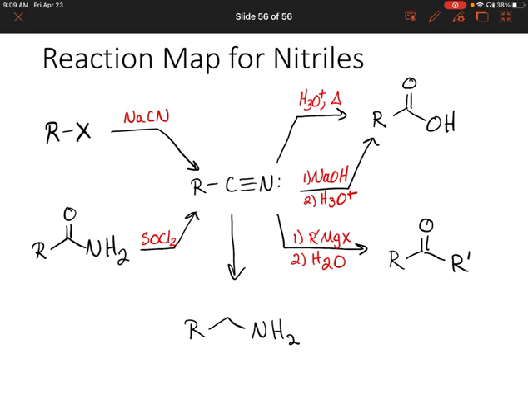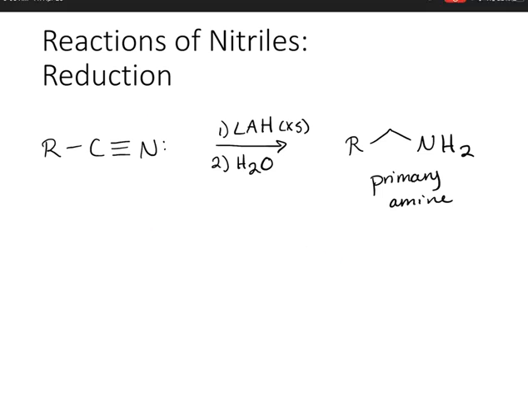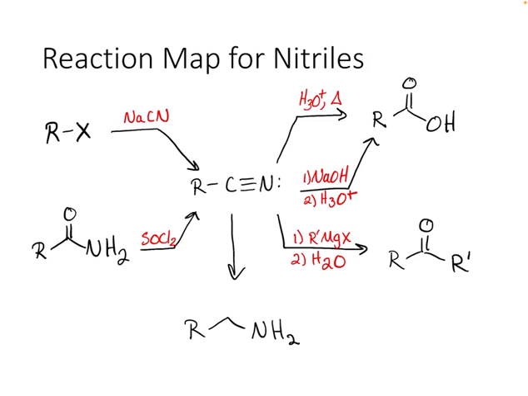And then finally, how do we make our primary amine from a nitrile? We use, oops, I went back a slide and showed you the answer. So we use lithium aluminum hydride in excess, followed by acid. Or water. Water or acid, either one really works.